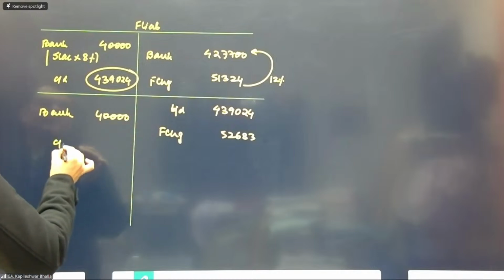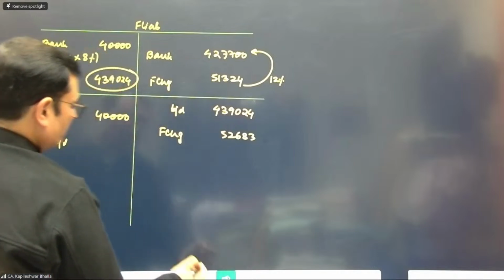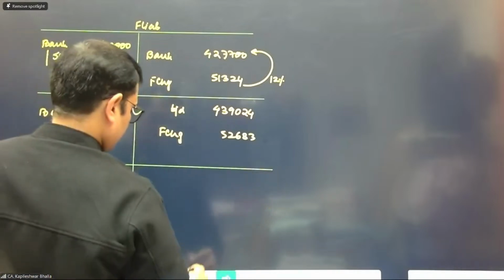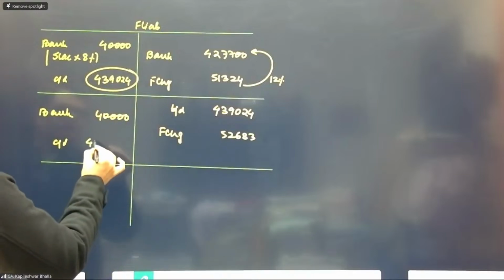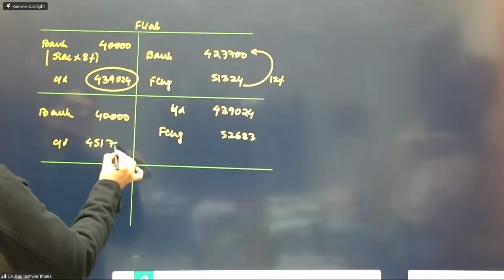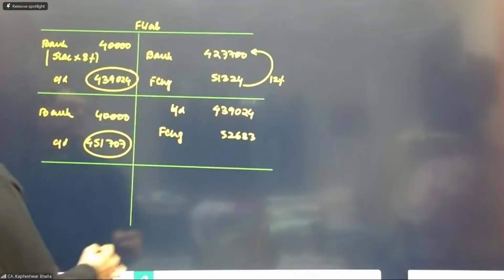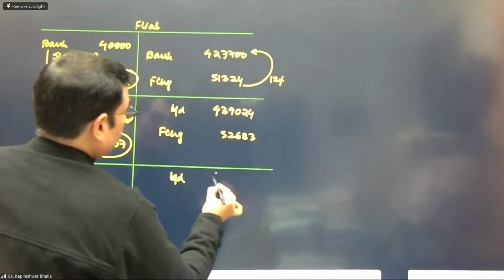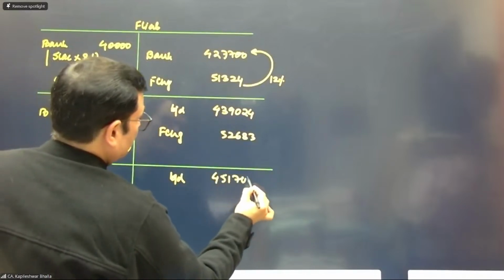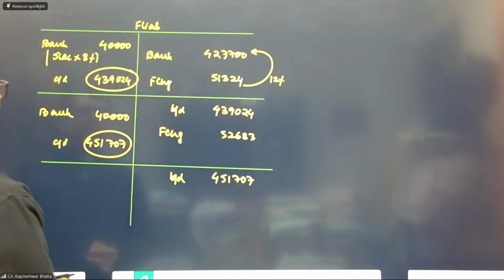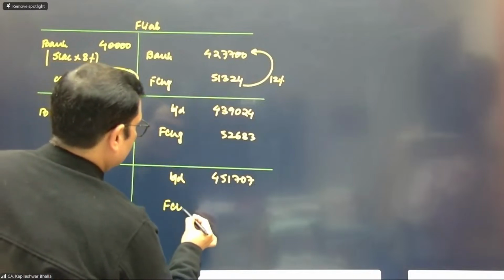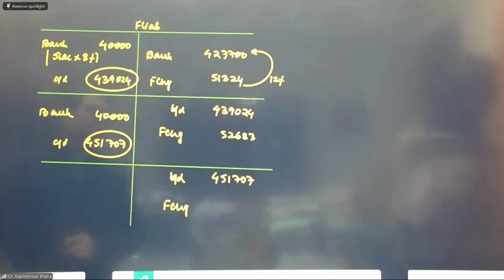We get a balance c/d, balancing figure, 4,51,707. So this becomes a balance b/d in the next year, 4,51,707. And then we again need to consider the unwinding at 12%: 54,205.